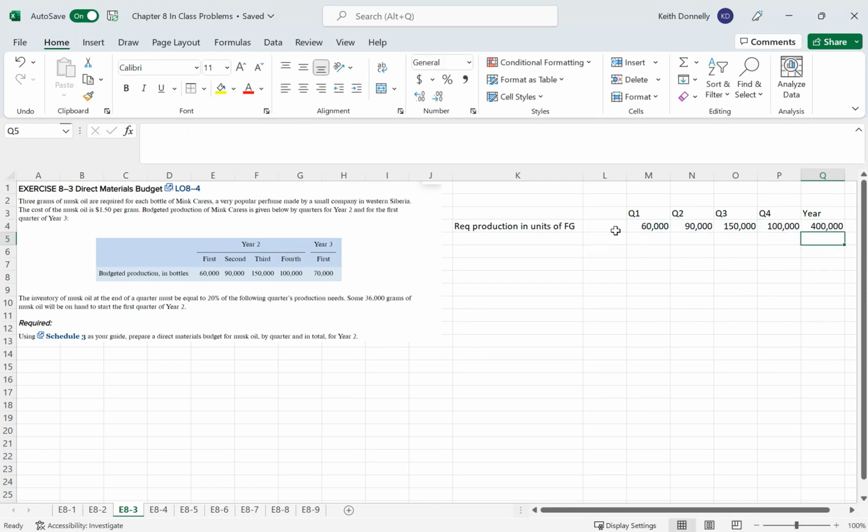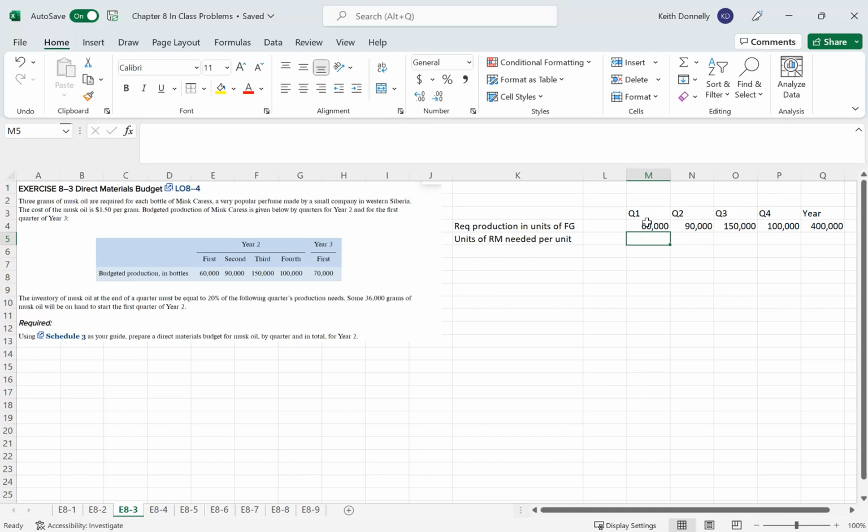You're looking at 400. And then what we have to do is multiply that times the units of raw materials needed per unit. Over here they're telling us, let's look in the facts here, 3 grams of musk oil are required for each bottle.